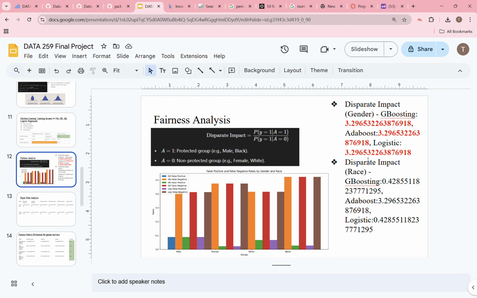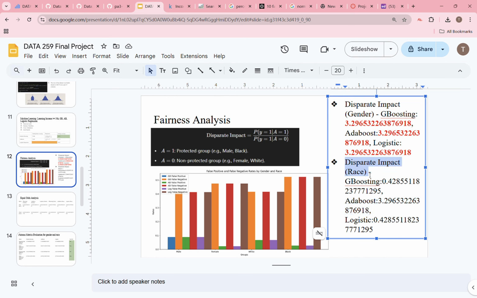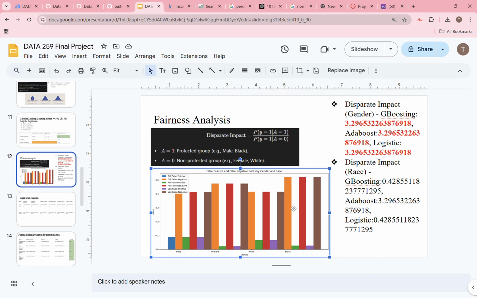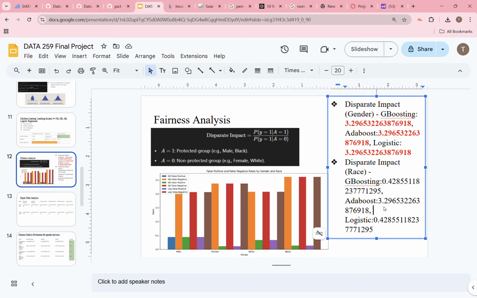It is very interesting to see that in the graph, as well as in the AdaBoost disparate impact for race. AdaBoost appears to be a really conservative model in the sense that it really only focuses on the true positive rates of the results. However, it basically ignores some other aspects of this data.